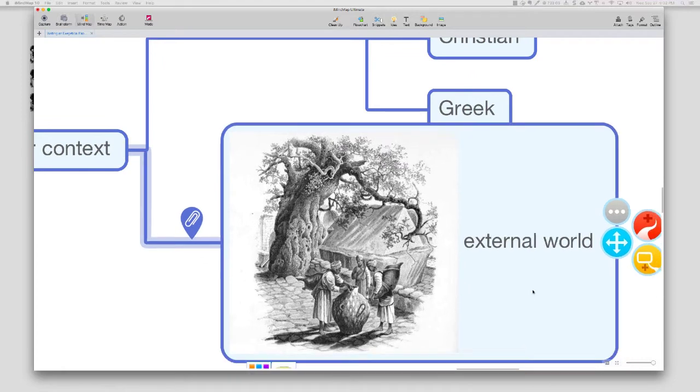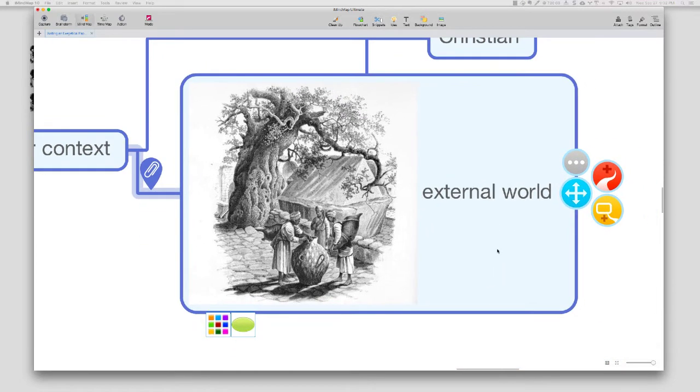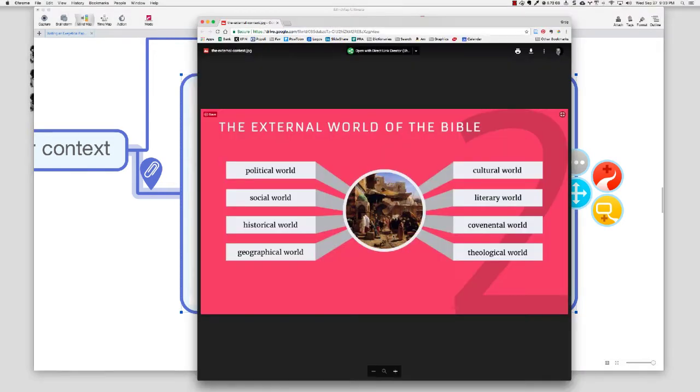And then there's the external world, a complicated world that has multiple dimensions. And I have a little diagram here. Let me see if it pops up. So you have the political world, the social world, the historical world, the geographical world, cultural world, literary world, covenantal world. And basically what I mean by that one is whether this passage belongs to the Old Covenant or the New Covenant.